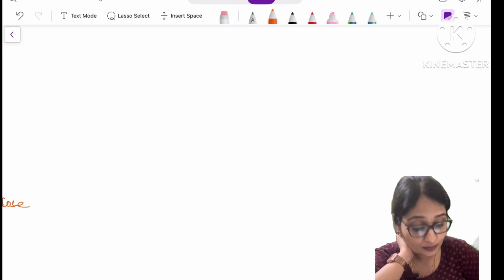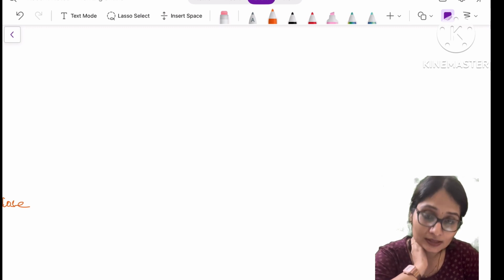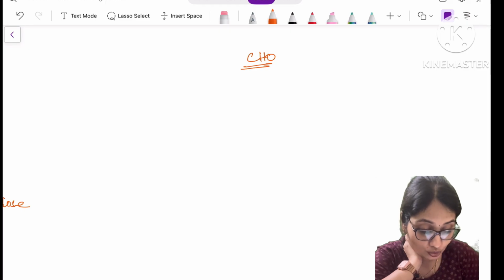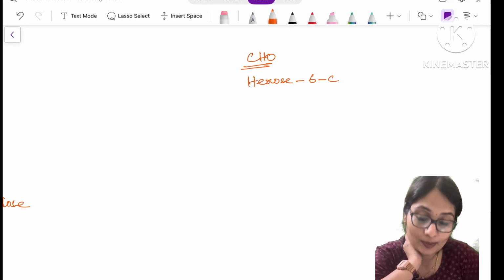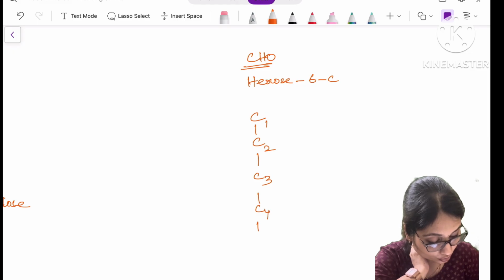Is it an aldehyde or a keto derivative? It is an aldehyde. So basically it should have a functional group which is CHO, and it is a hexose, meaning it should have 6 carbons, right? So now let us draw the 6 carbons: 1, 2, 3, 4, 5 and 6.